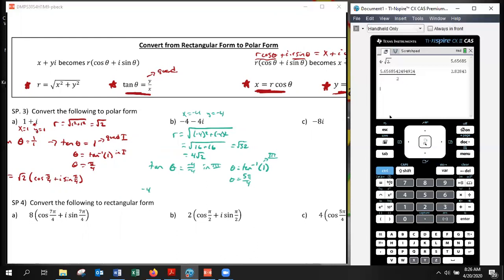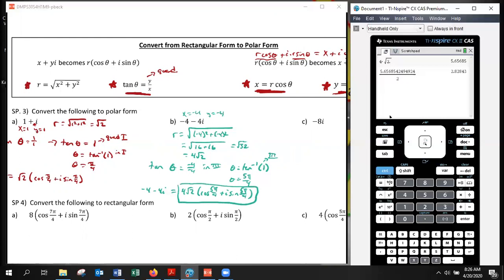So -4 minus 4i, we can actually write as our radius, which is 4 square root of 2, and then cosine of 5 pi over 4 plus i sine of 5 pi over 4. There's our polar form.